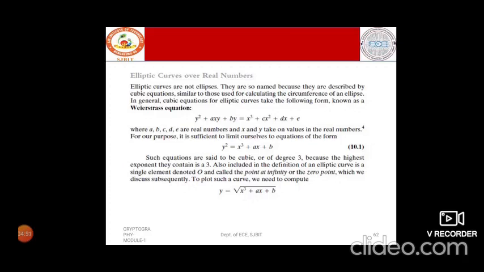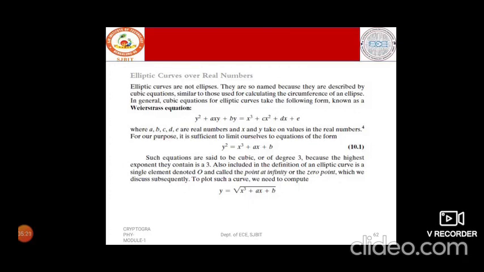y squared plus axy plus by is equal to x cubed plus cx squared plus dx plus e, where a, b, c, d, e are real numbers. For our purpose it is sufficient to limit ourselves to equations of the form y squared is equal to x cubed plus ax plus b.